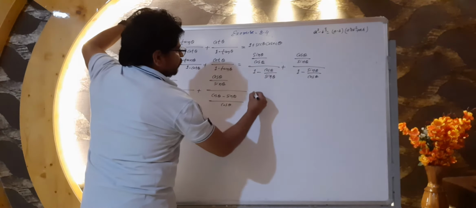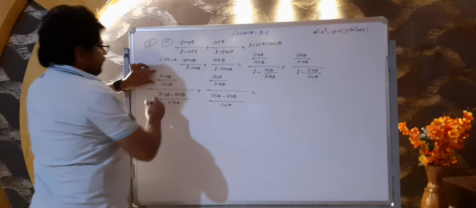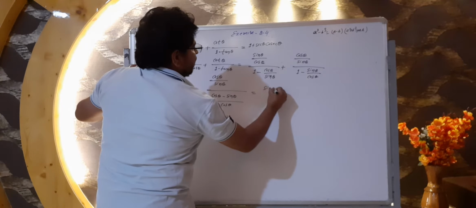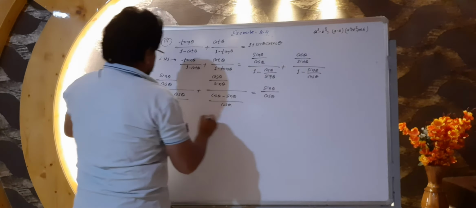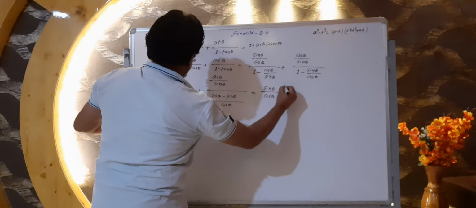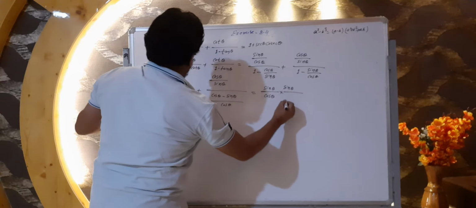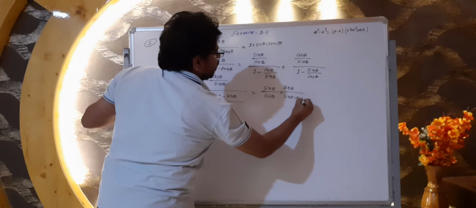Now next, what can we do? Look here, we can write this term like this: sine theta upon cos theta. This will go upside, multiply sine theta upon sine theta minus cos theta, plus then plus.